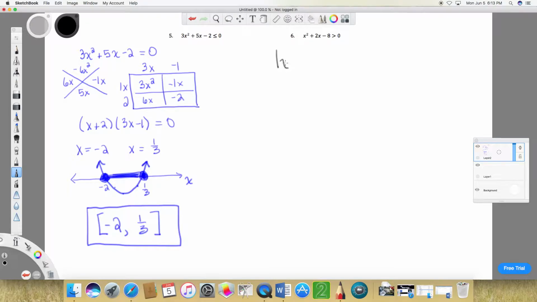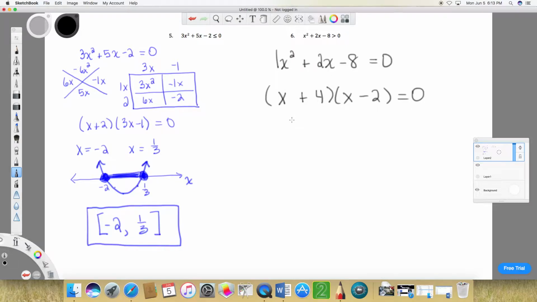It's a little bit easier to factor this one because the leading coefficient is 1. You can still do your x method if you like that pattern, but like I say, with a leading coefficient of 1, you know that this is x times x, which gives you x squared, and the two values that multiply together to give us a negative 8 but add to give us a positive 2 are positive 4 and negative 2 there.